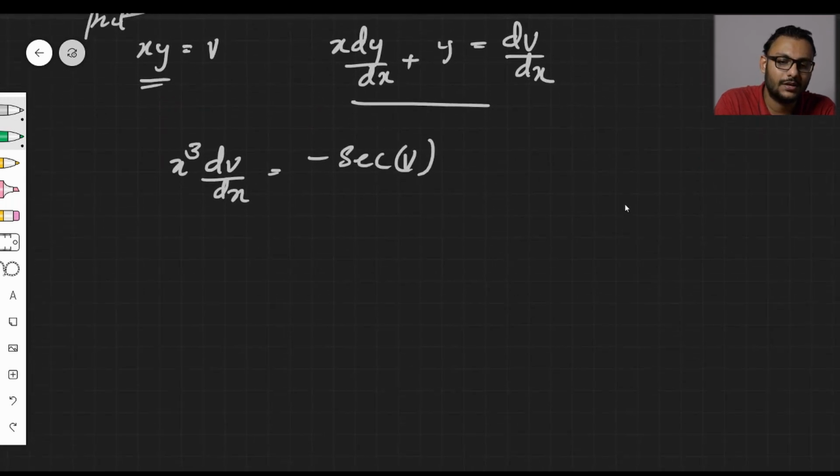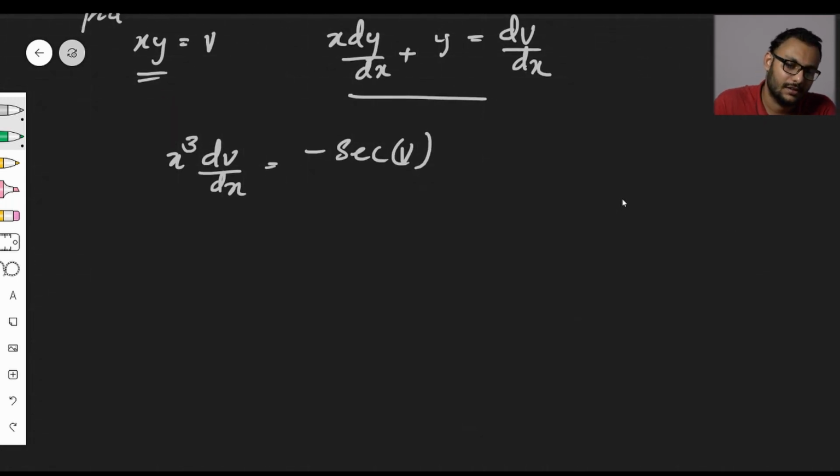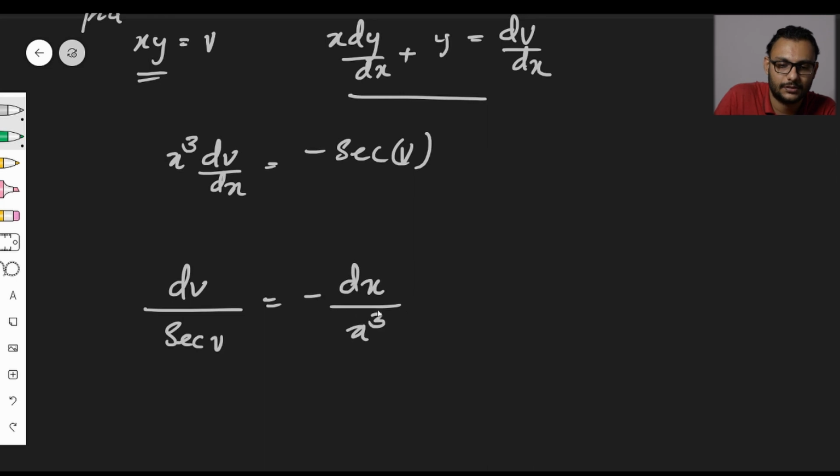So now how can we convert this into our desired form? This is itself separable because we can rewrite it as dv by sec v is equal to minus dx by x cube, isn't it? Now we can simply integrate this. We know that 1 by sec v is nothing but cos v.